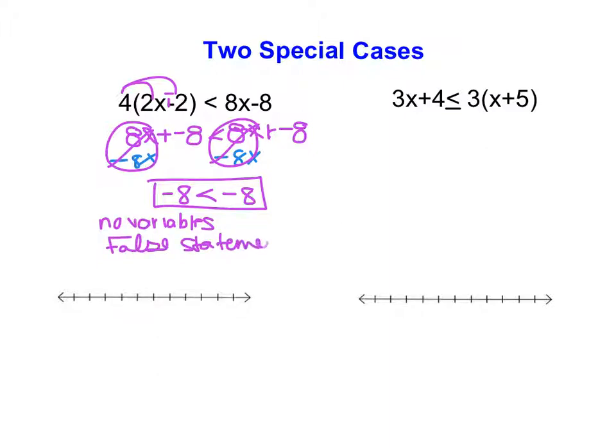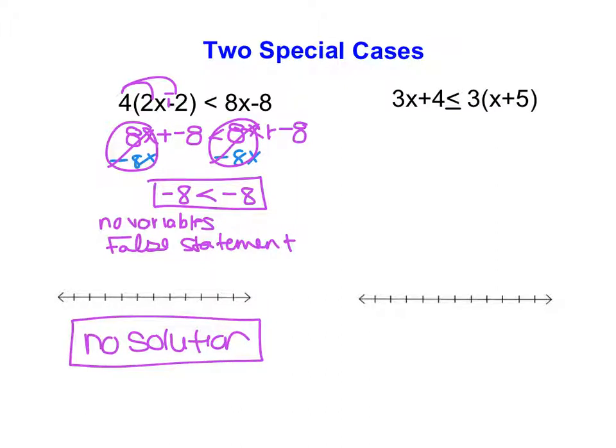Negative 8 is not less than negative 8, it's equal to. What that combination tells us, no variables plus a false statement, is that we have a no solution case. So all I would expect you to do here, if you notice this happening, is write no solution, and then you do nothing on your number line.